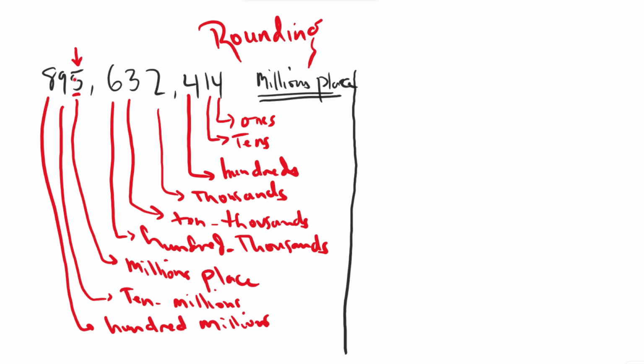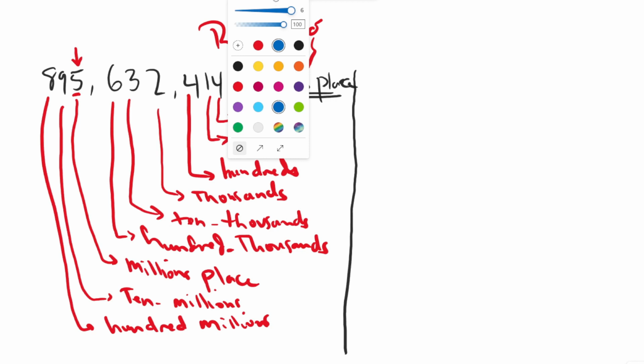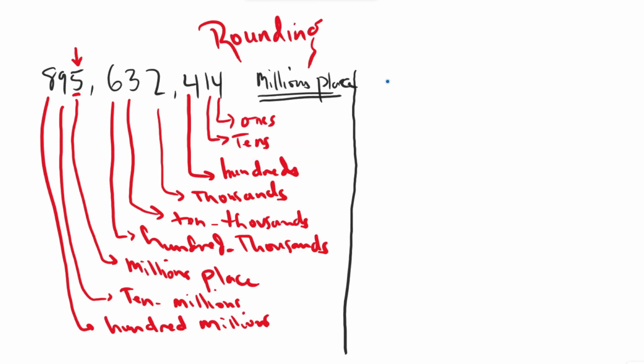But for you to round this number, you need to pay attention to what number comes after the target, which is the 6. Let me write some rules for you. Rule number 1: first of all, you need to know the target.